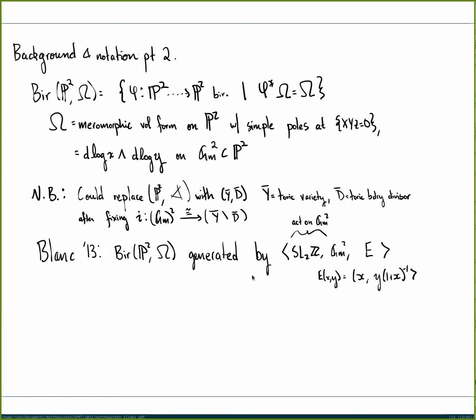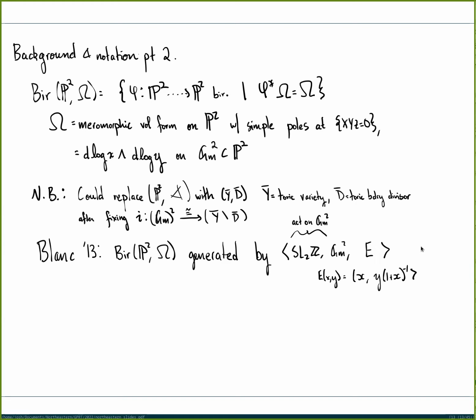The first two just act on the algebraic torus sitting inside of your toric variety. So this is SL_2(Z) and G_m squared. SL_2(Z) acts by, let me actually get it right, (x, y) maps to something like (x^a y^b, x^c y^d), with matrix (a, b, c, d).